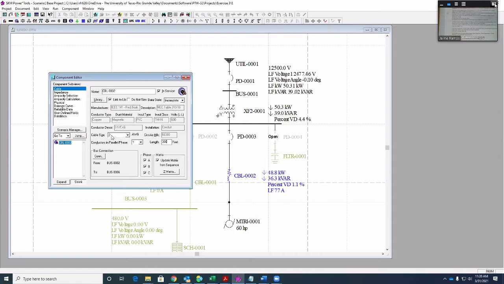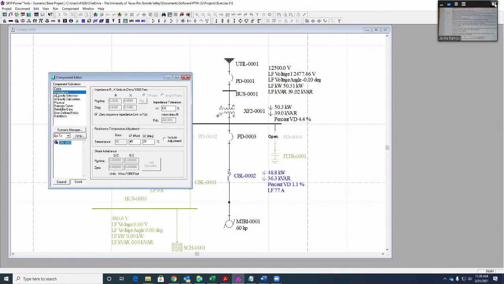However, there are question marks there because we will look at the voltage drop and see if that cable is good enough to be within the voltage drop, okay? So then we see that's cable, then impedance. So here are the impedances. So what is the impedance?